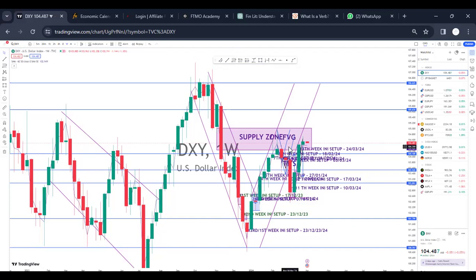If you like, take it. If you don't like, you leave it. But with the DXY and JPY, I may put the signals and maybe actually give you the analysis or the charts for you to view them yourself. So this is where we are going to start from this week onwards.